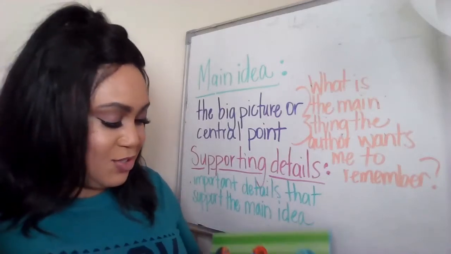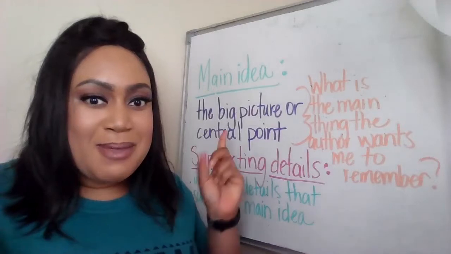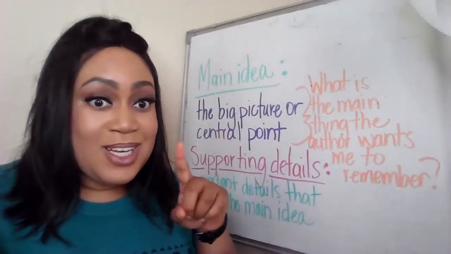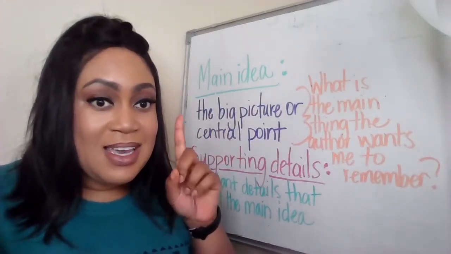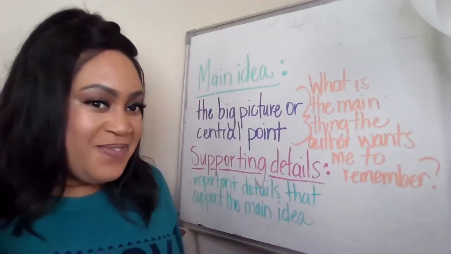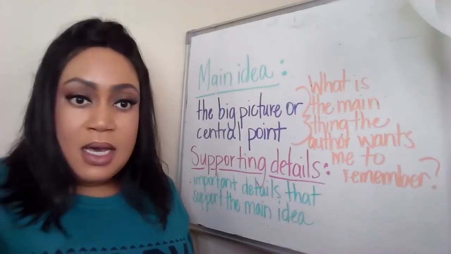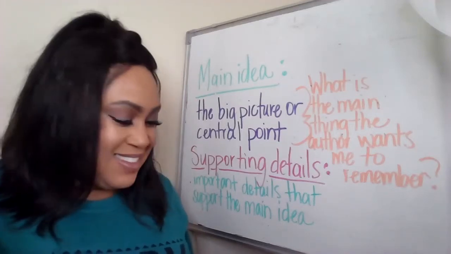Okay, so here's our story. I'll show you the back cover. And as you're thinking about the main idea and supporting details, when we realize what the title of the story is, I want you to see if it matches what your main idea was in your mind. Okay? All right. This story is called, I'm not telling you yet.